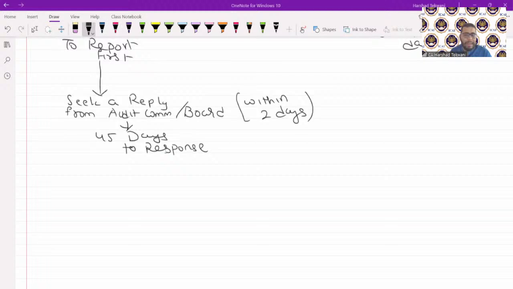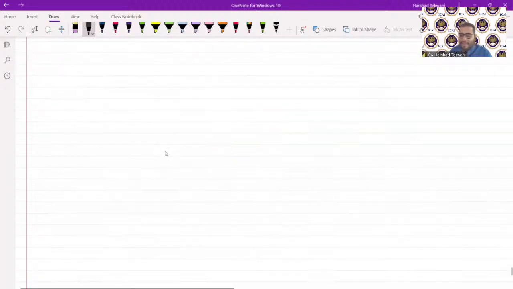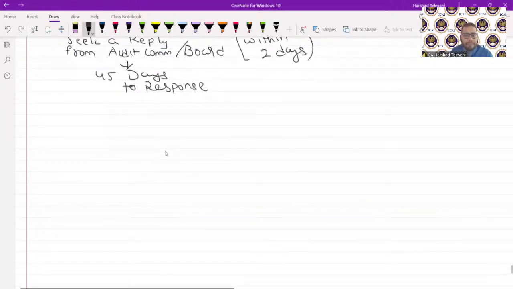Once they get the 45 days to respond, what the auditor is required to do, on receipt of such reply or observation, is forward his report and the reply or observation of the board or audit committee, as the case may be, to the central government within 15 days. So the first case: within 45 days, the auditor received the reply.